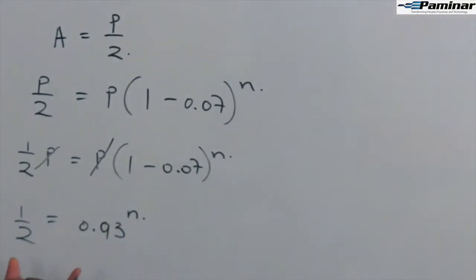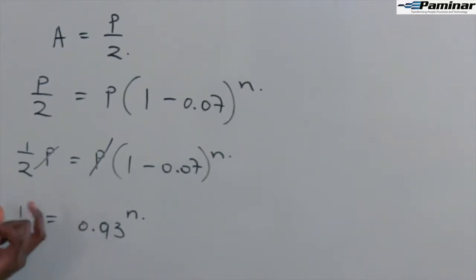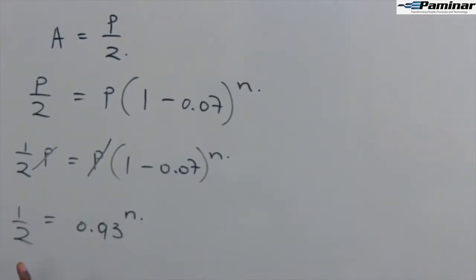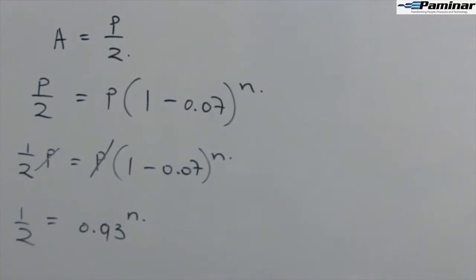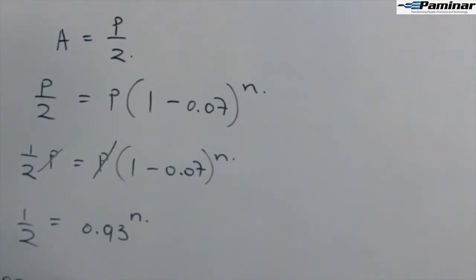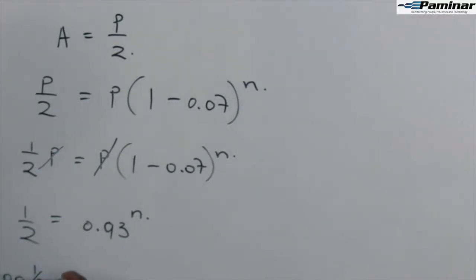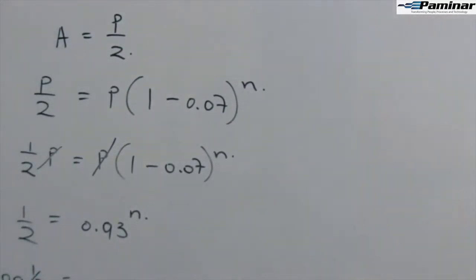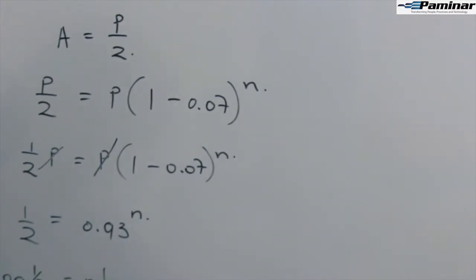Now this is an exponential function. To solve for n, we have to apply logarithms on both sides. So log half is called n log 0.93.